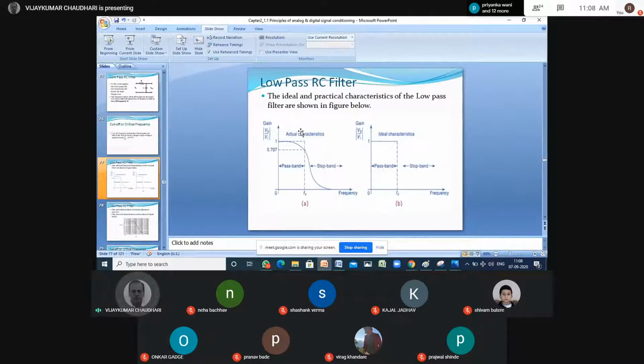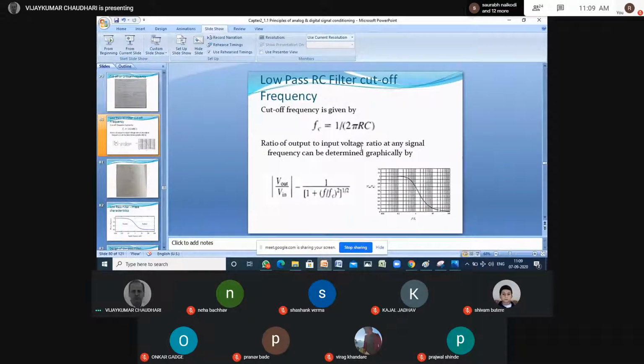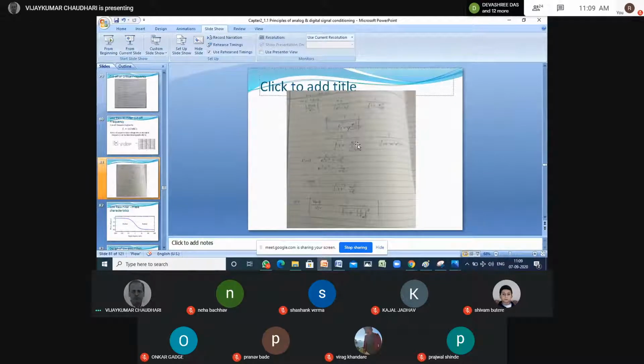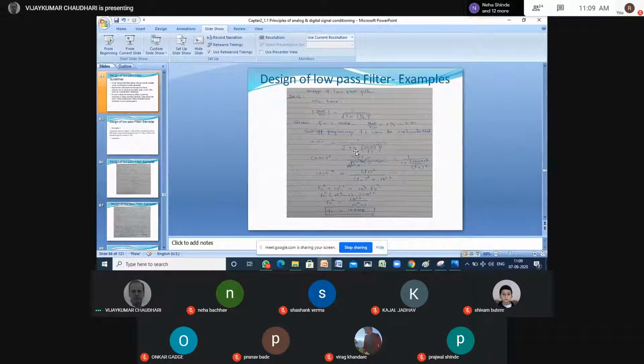We discussed low pass filter, its characteristics, cutoff frequency, an expression for critical or cutoff frequency, V out upon V in, derivation for V out upon V in, general guidelines, and then some numerical problems.